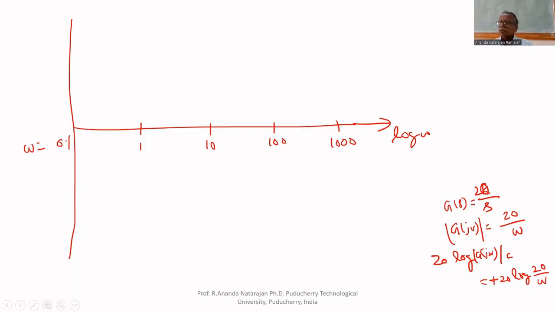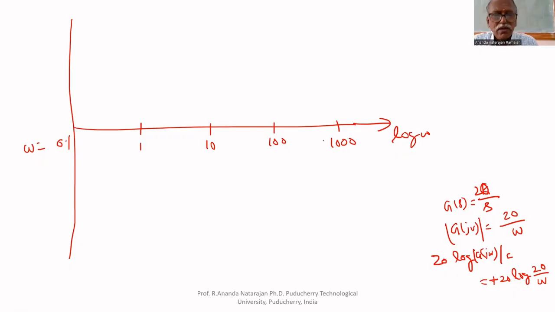Substitute omega equal to 0.1 and find the value of 20 log 20 by omega. It is definitely positive because 20 by 0.1 is greater than 1.